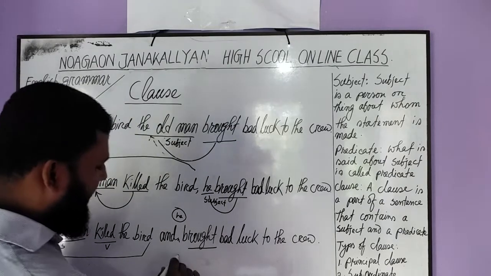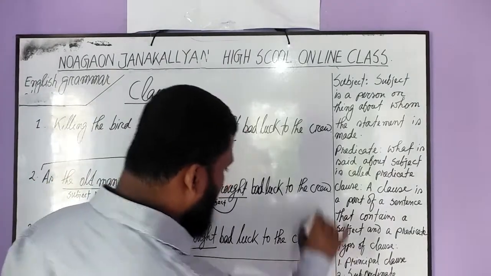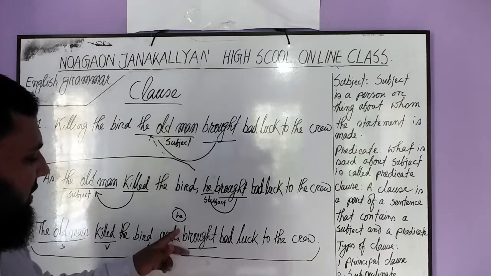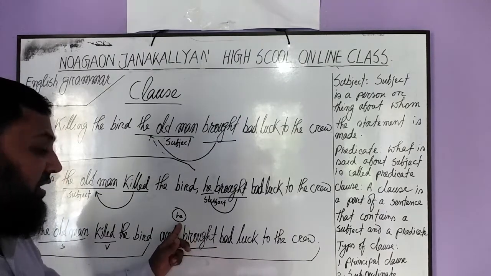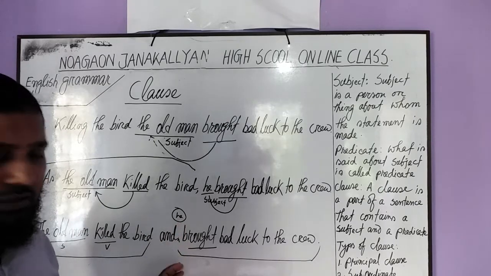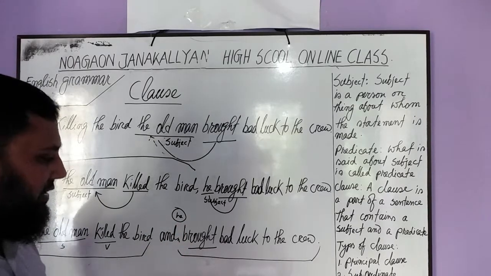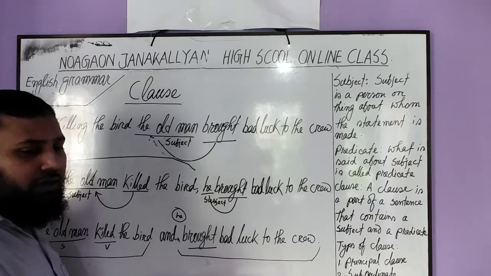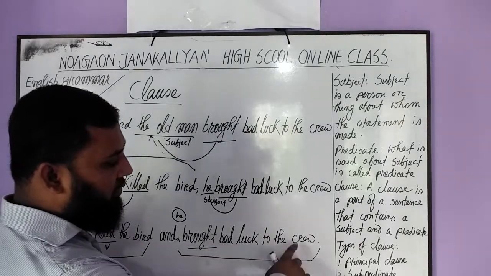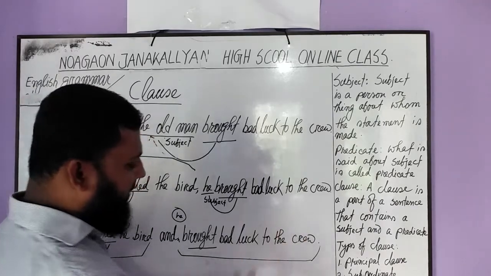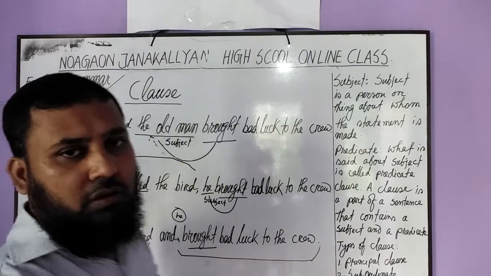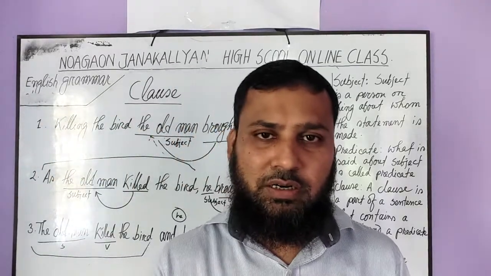And again, it's a clause because there is a subject. He is silenced, though he is silenced, but he is a subject. So we understand that this part has a subject and this part has a predicate. So it's a clause. Have you got the point, dear learners?